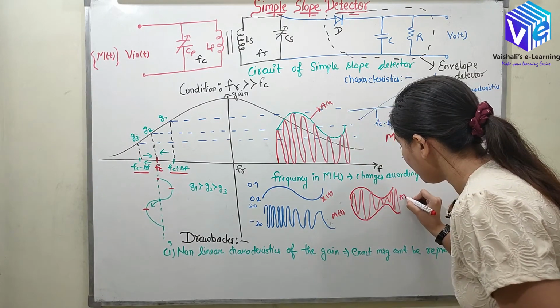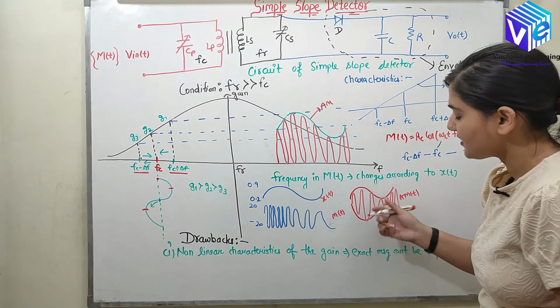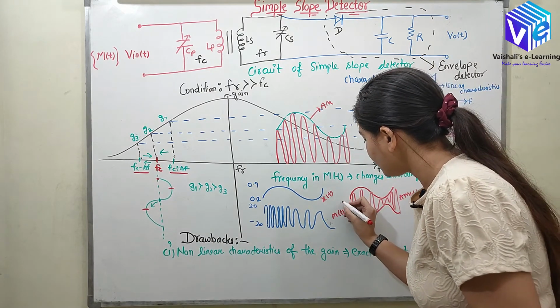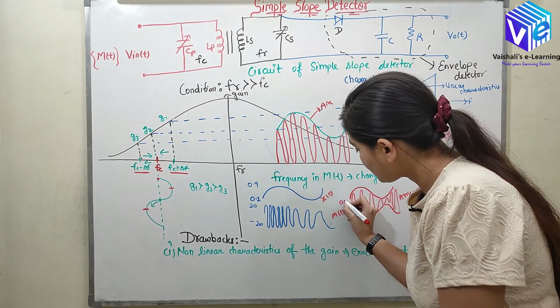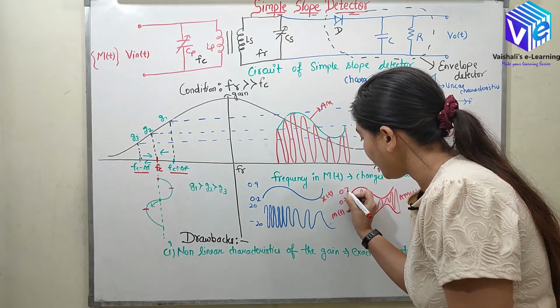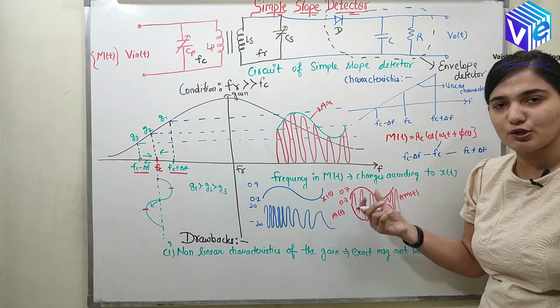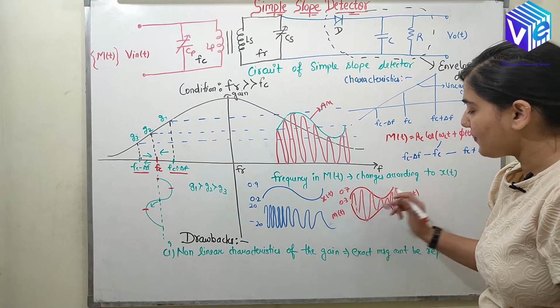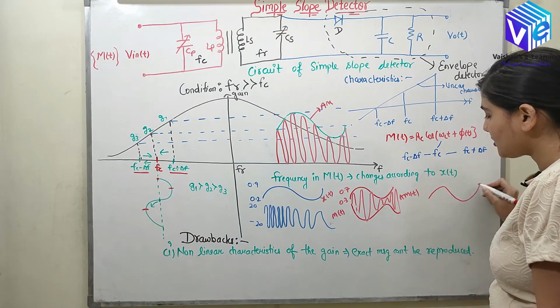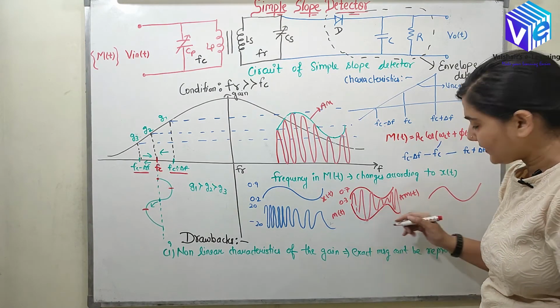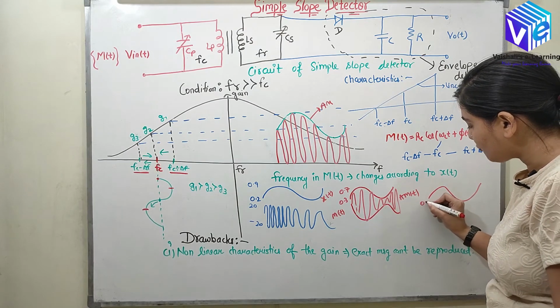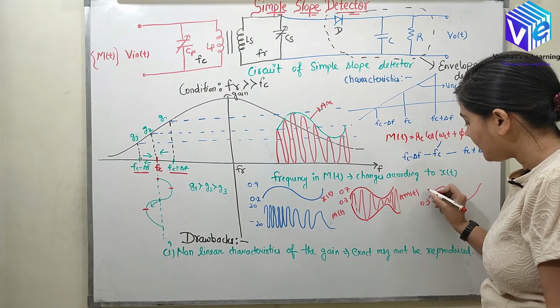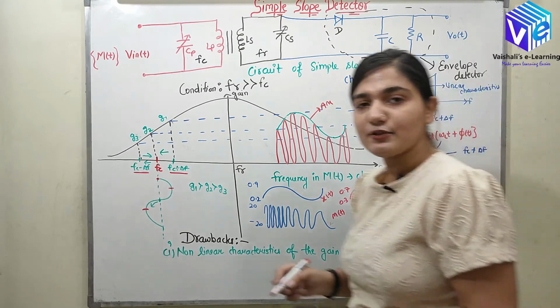So this is my AM(t). So this is the amplitude modulated signal, and let's suppose it has the lowest value which is 0.3 and the highest value which came out is 0.7. So from here I can extract the message with the help of envelope detector. So from the envelope detector the output will be having the amplitude 0.3 and 0.7.